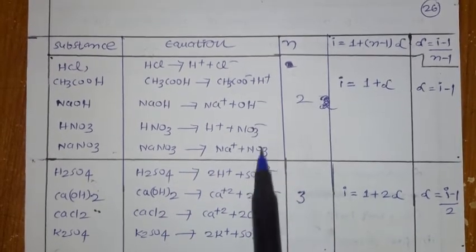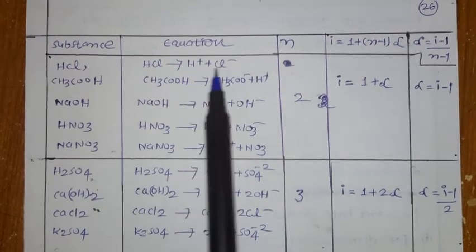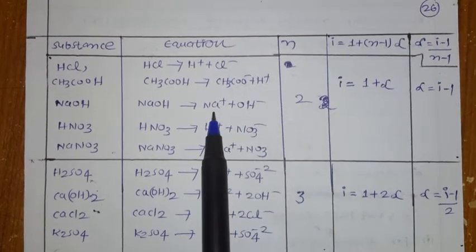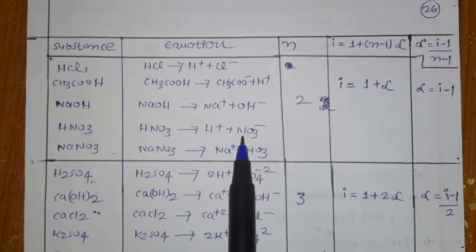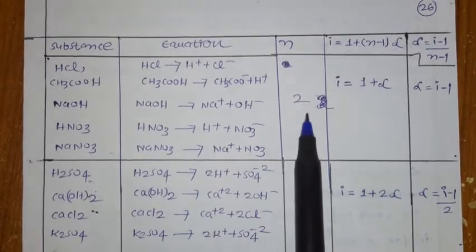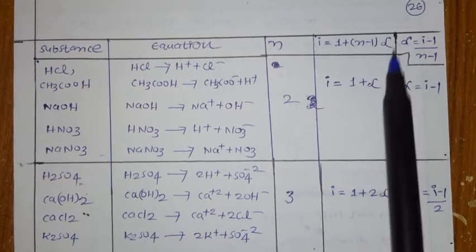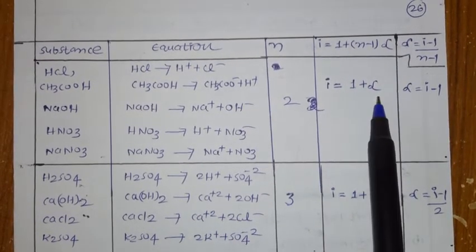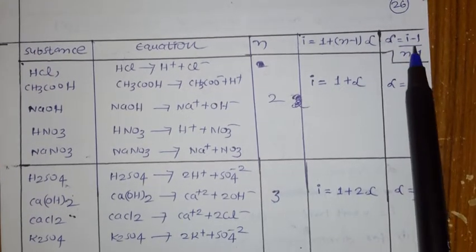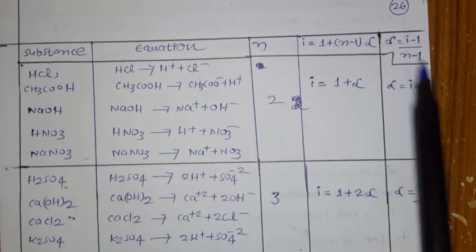In all these cases, after dissociation you get 2 particles: H+ and Cl-, acetate and H+, Na+ and OH-, H+ and NO3-, Na+ and NO3-. So n = 2. Substituting, n - 1 is 1, so i = 1 + α. For α, α = (i - 1)/(n - 1), and here n - 1 is 1, so simply α = i - 1.